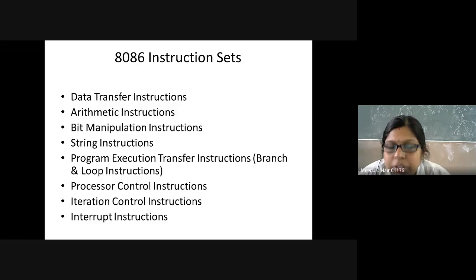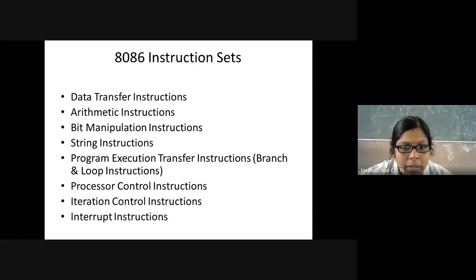Now we are going to study about the instruction sets of the 8086 microprocessor. What are the categories of instructions in the 8086 microprocessor? They are categorized into 8. First is data transfer instruction. Second is arithmetic instruction. Third is bit manipulation instruction. Fourth is string instruction.